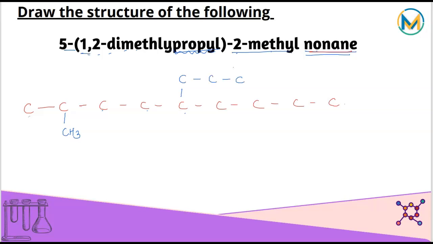Then we have 1,2-dimethyl, so let's take this to be the first one, 1 and 2. So CH3, CH3. We've put all the attachments.